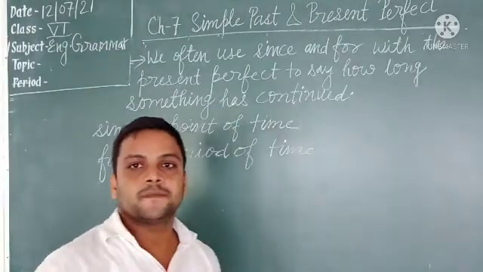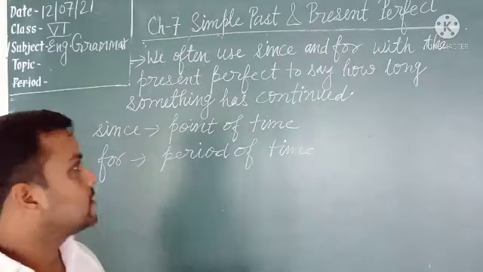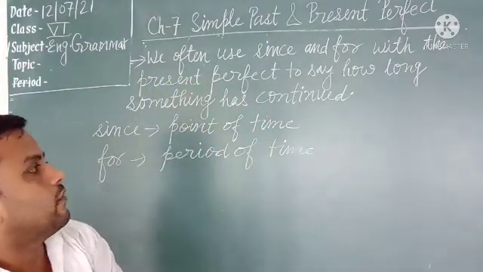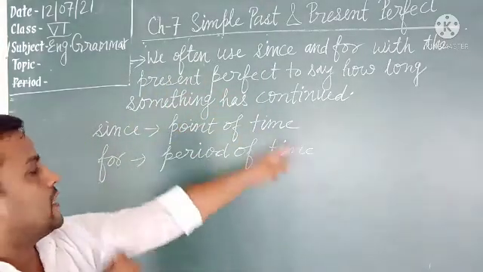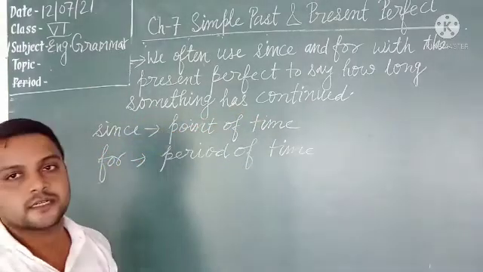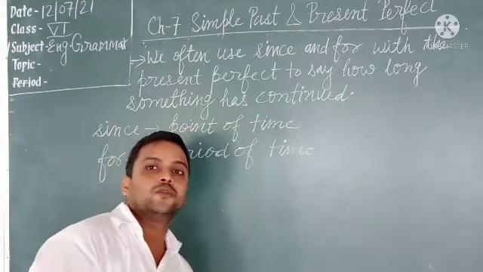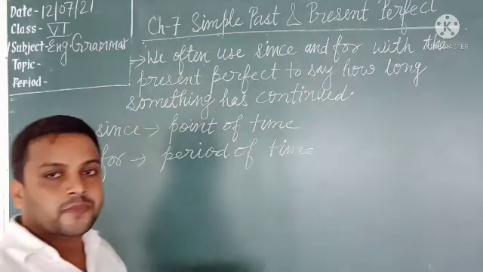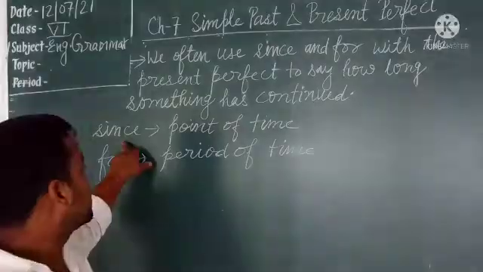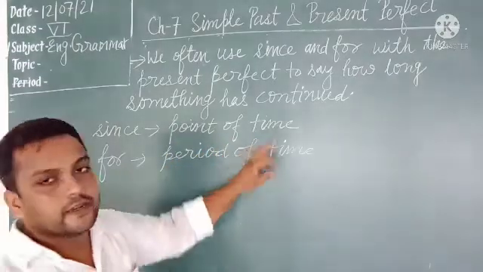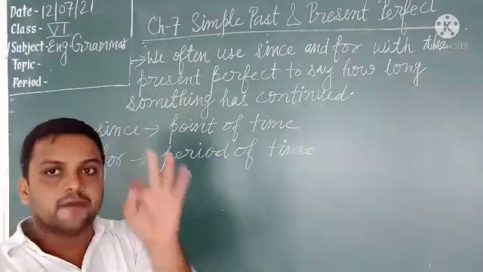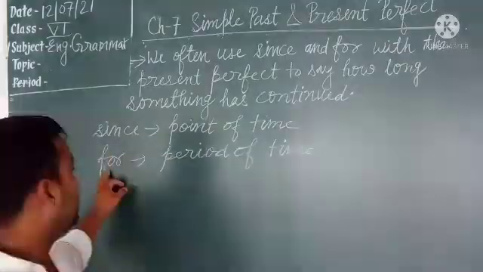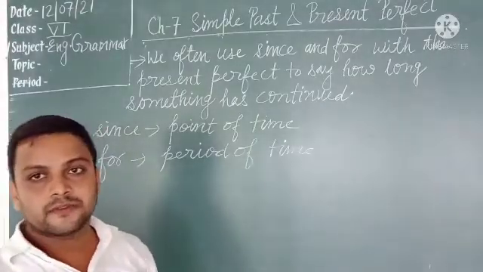Students, now see the usage of since and for. We often use since and for with the present perfect to say how long something has continued. So where we use since and where we use for, it is very compulsory to know. Students, since is used with a point of time, the time which is fixed, and for is used for a period of time.